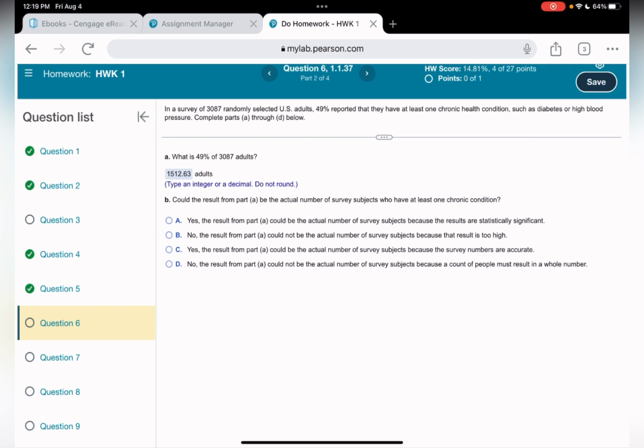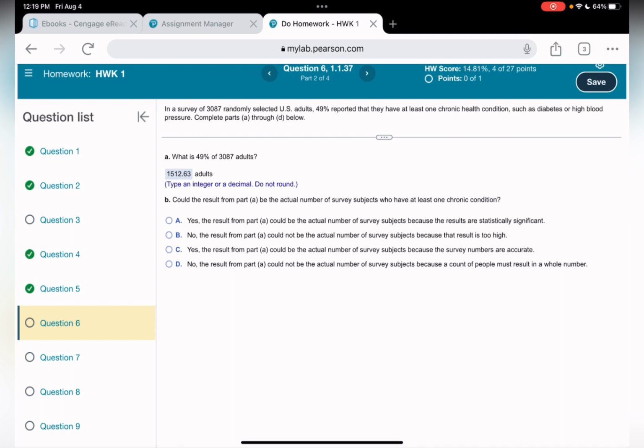How many do we have? 500,000, yeah, population in the United States. So that's the entire population. So 3,087 under no circumstances can draw a decision for 500,000.